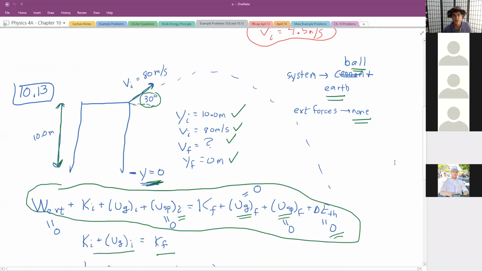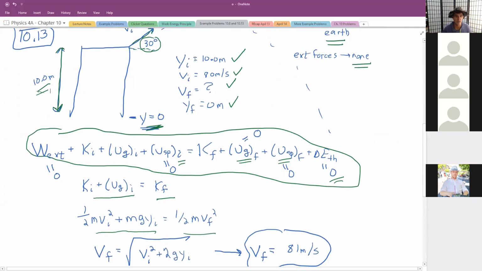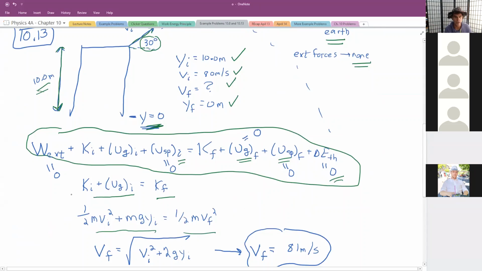Okay, so this was problem 10.13, where basically it's similar. You had something launched from a 10-meter high building, and the initial launch speed was 80 meters per second at a 30-degree angle. And in essence, we had the same setup: the initial kinetic energy plus the initial gravitational potential energy equals the final kinetic energy.